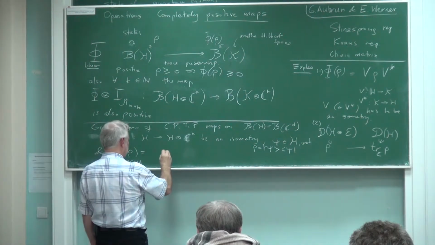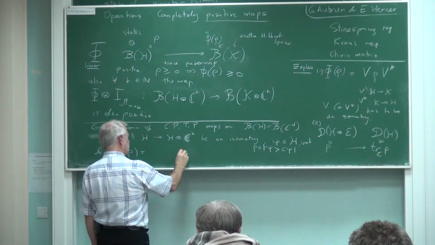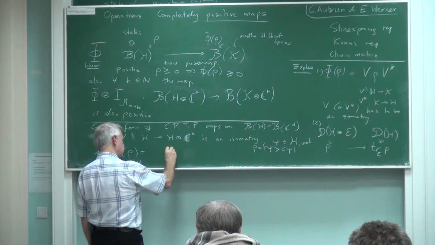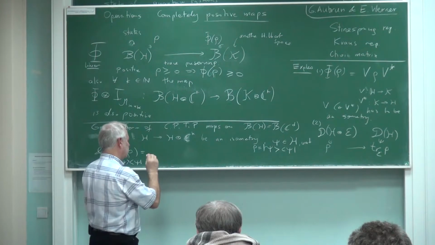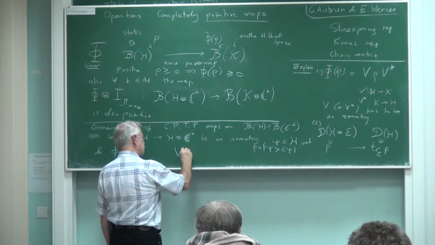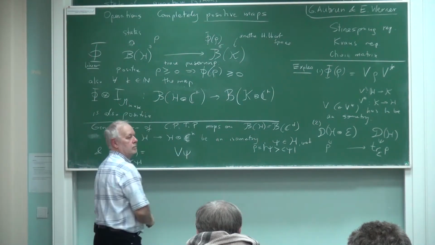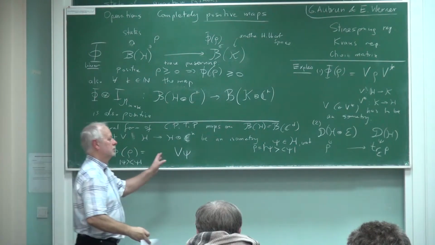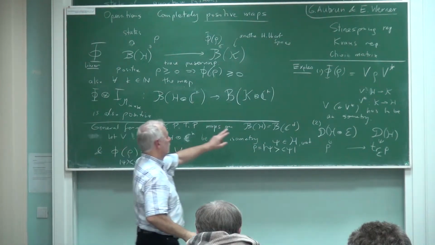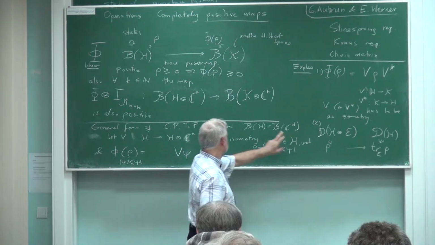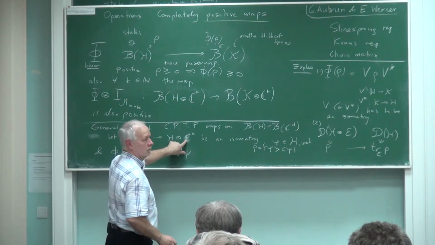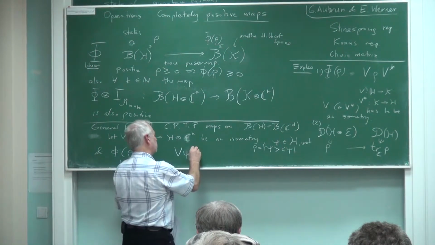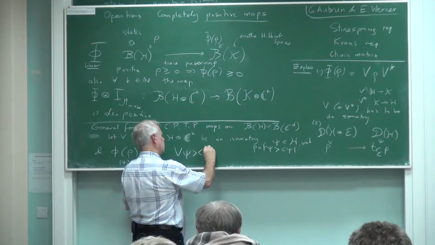Then we define phi of rho, which remember here is |psi><psi|. So this is going to be the following: first of all, we take a vector which is represented by V psi. Let's think this was a vector in the first factor. Now V psi will be a vector here, so we are taking the orthogonal projection onto that.